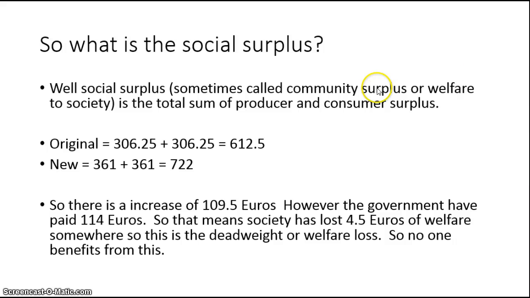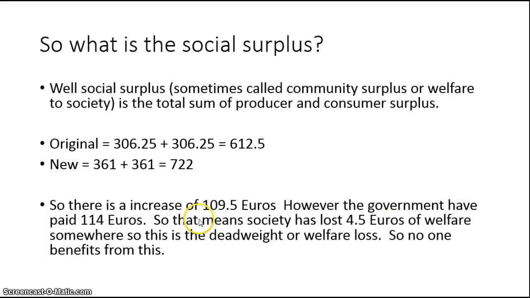Sometimes it's called community surplus or welfare to society, and we just add up the original that we did, the same as it was for the tax, 612.5, but now with the subsidy, both the consumer and producer surplus have increased to 361 plus 361, so 722, which means overall there's been an increase of surplus to society, the community surplus or welfare to society, of 109.5 euros.